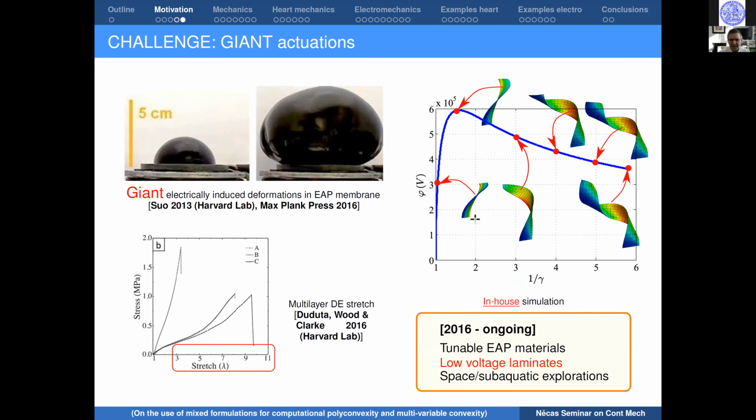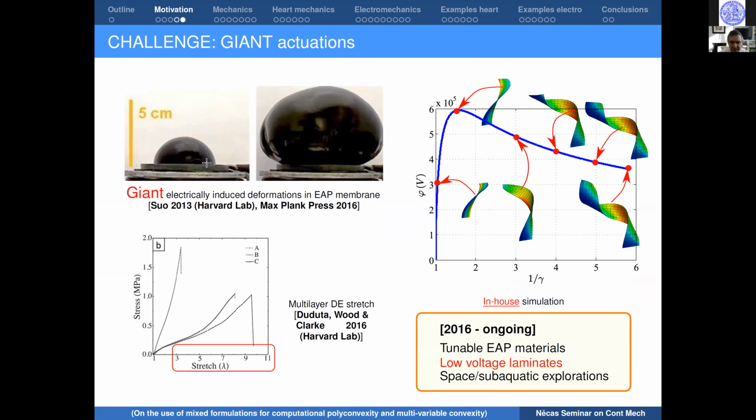Here, to give you an idea of the challenge that this research involves, this is an experiment carried out in 2013 first, and then in 2016 at Harvard, and subsequently at the Max Planck Institute. You can see a film made of one of these dielectric elastomers, which is subjected to an electric field across its thickness.